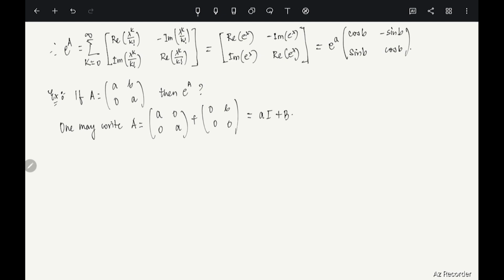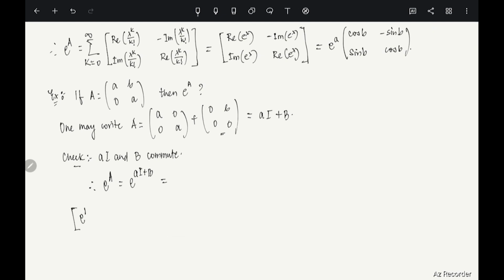Now check that A times I and B commute. There is nothing to check actually, this is trivial, but anyway, it's constant times identity, and another one is B, so it commutes. So therefore e to the power A is nothing but e to the power AI plus B, which is nothing but e to the power this matrix. Clear? Let's calculate this thing.